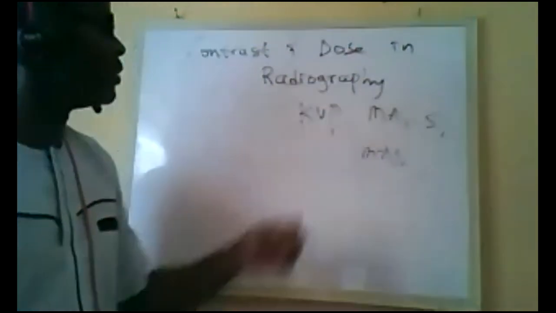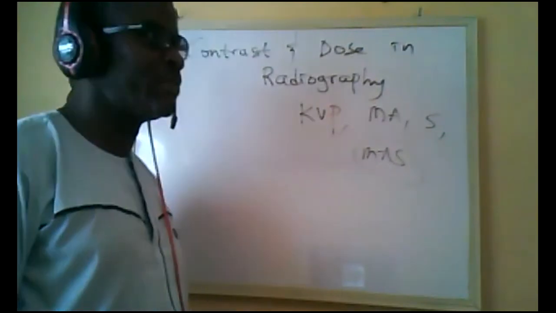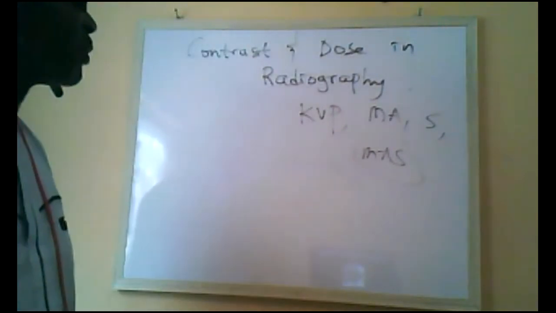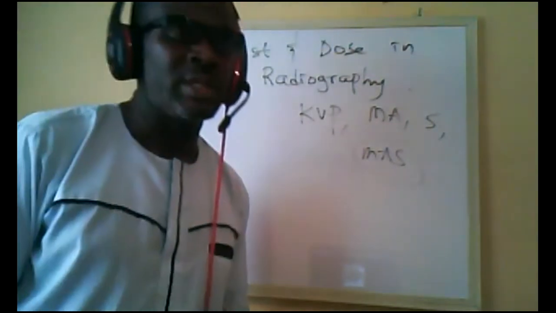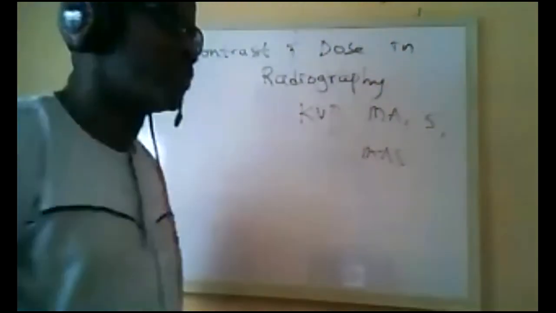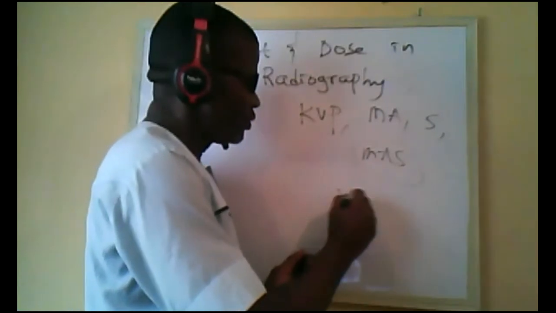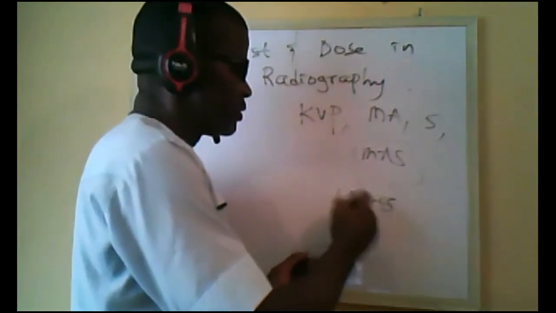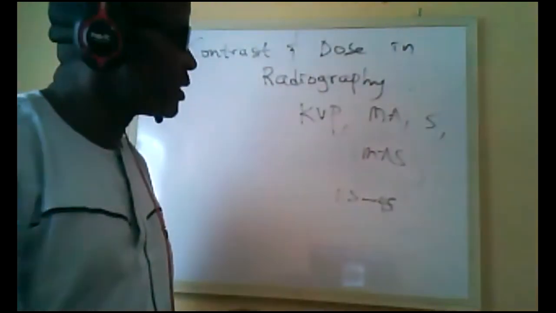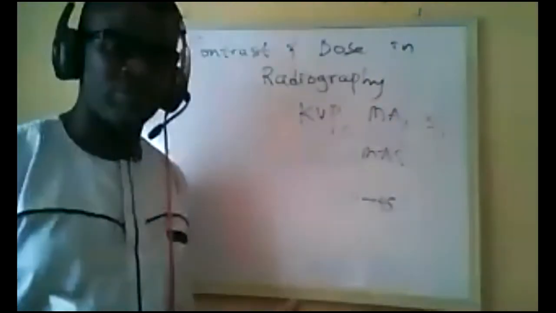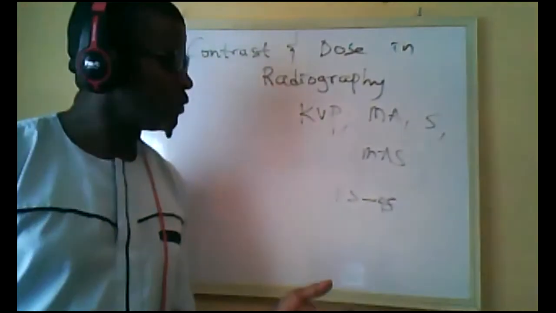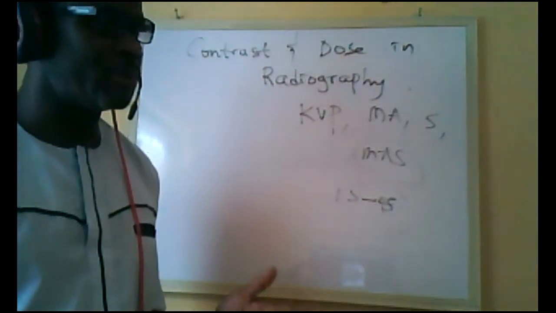Therefore, if you reduce the KVP, you're going to have an enhanced contrast. That is the key thing used in mammography, which uses KVP of around 15 to maybe 45 maximum, because at this level you're going to have a very good contribution of photoelectric effect. Photoelectric effect has got to do with lower KVP for tissue.